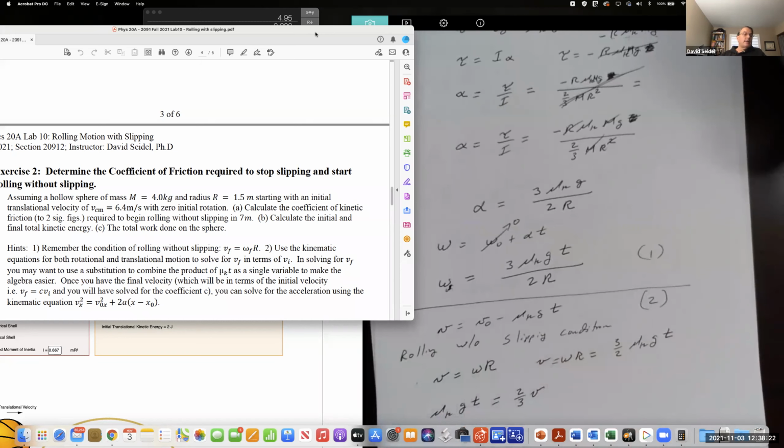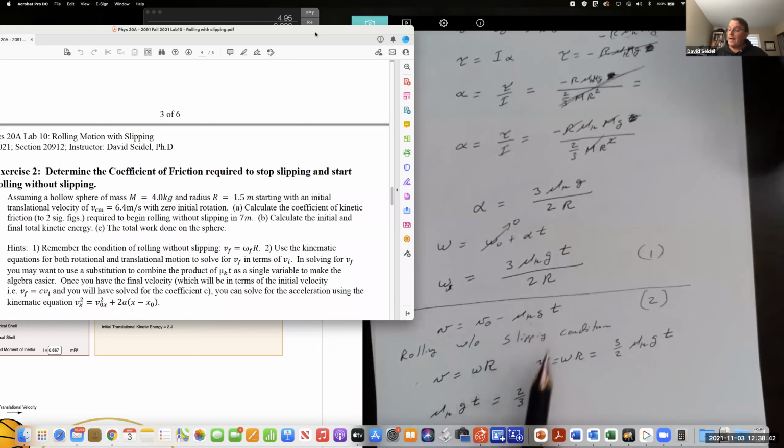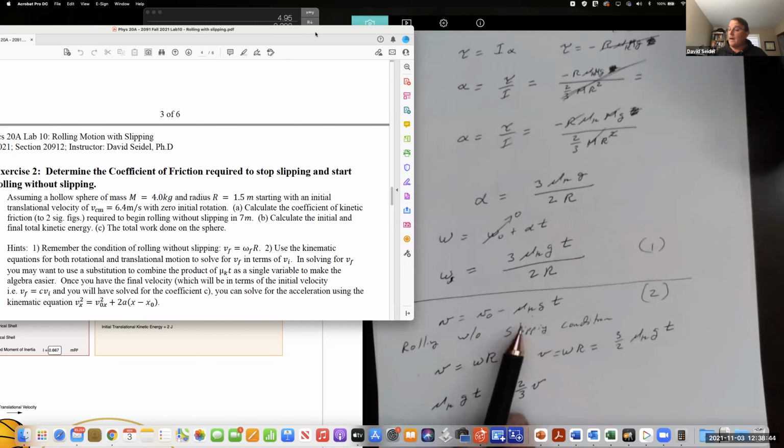Now, why do you suppose I wrote that? So you can plug it into the final velocity, which is equal to the initial velocity minus mu K g t. I can write that, so now I can put it here.